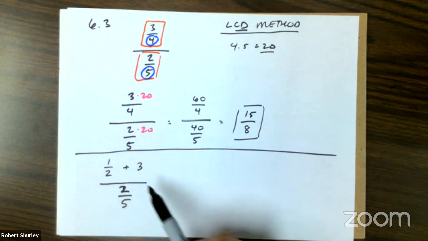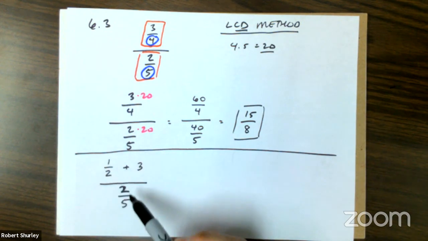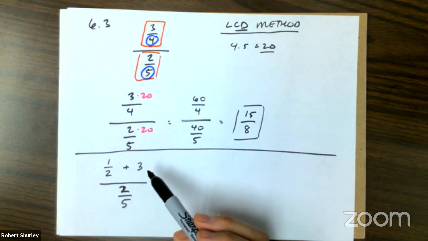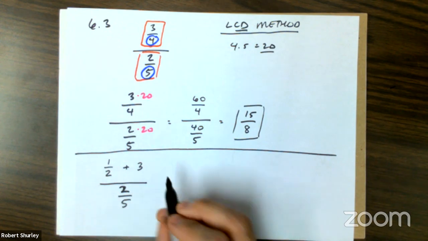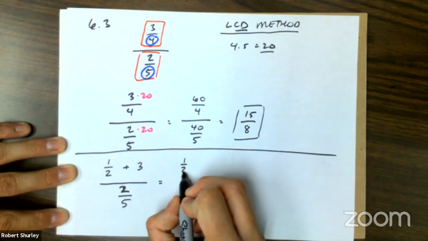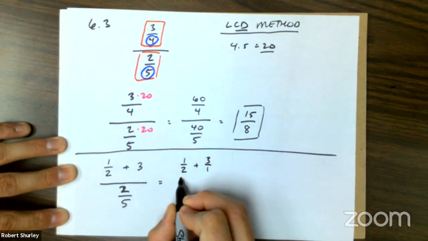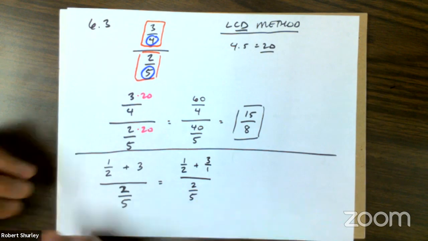You've got the big fraction bar, and then the little fractions. I'm going to think of this 3 as a fraction as well, so I'm going to rewrite this as 1/2 plus 3 over 1, all over 2/5.